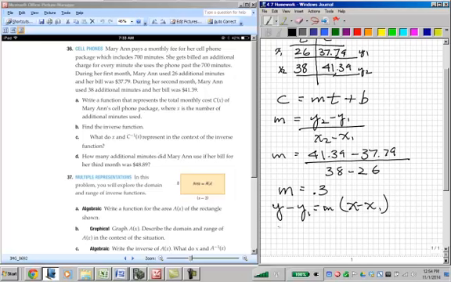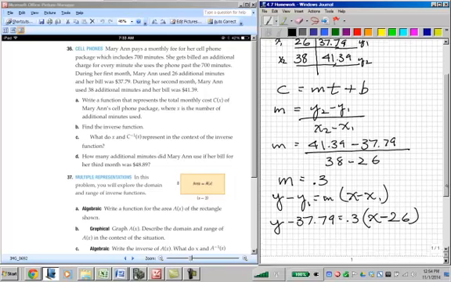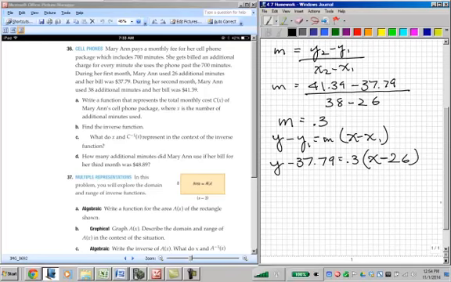Anyway, they would both give the same answer. So we're going to do y minus y1. Y minus 37.79 equals 0.3 times x minus 26. So let's double check. 37.79, 26. Okay. All right, so the first thing I'm going to do is add 37.79 to both sides.